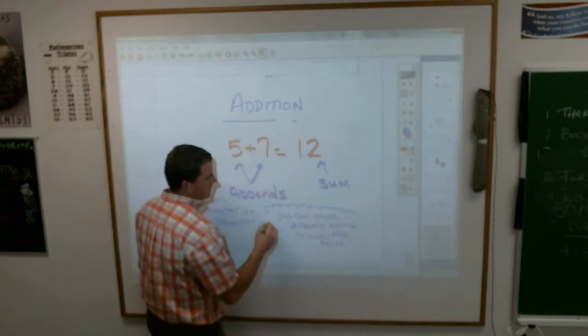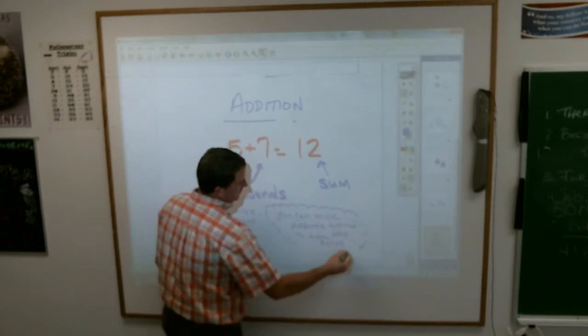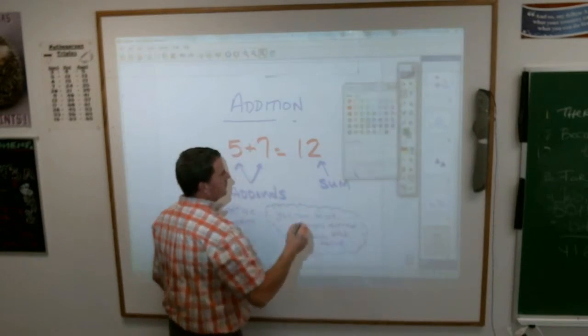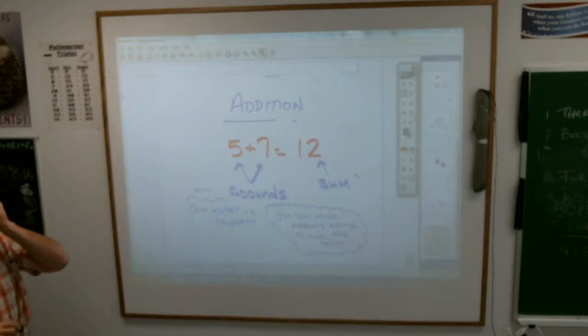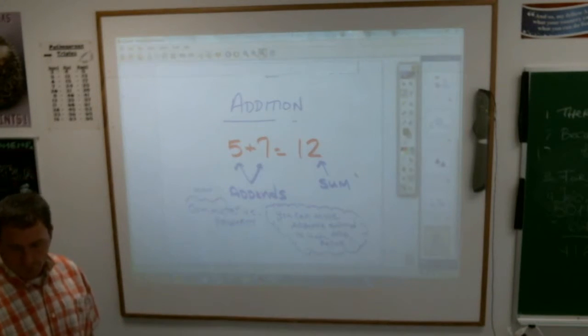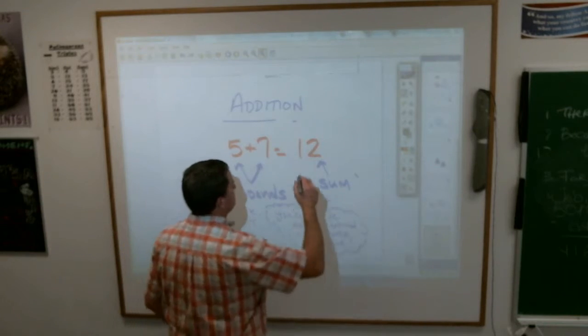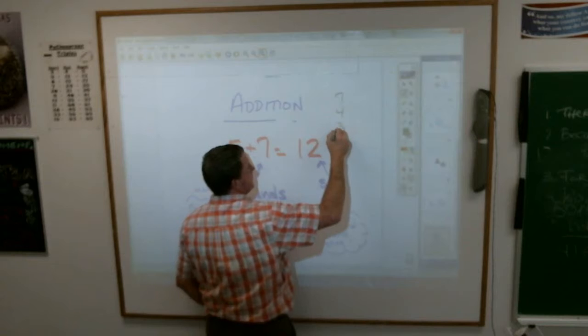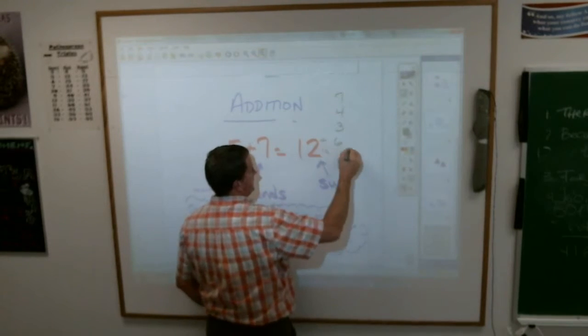And you will see what I mean in just a brief, short moment here. That means this. If you were given this problem here, 7 plus 4 plus 3 plus 6.